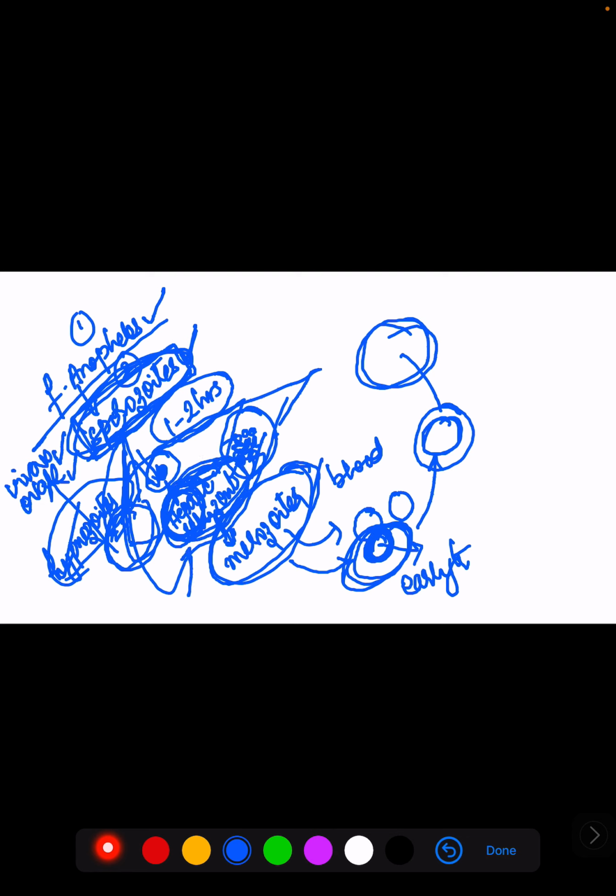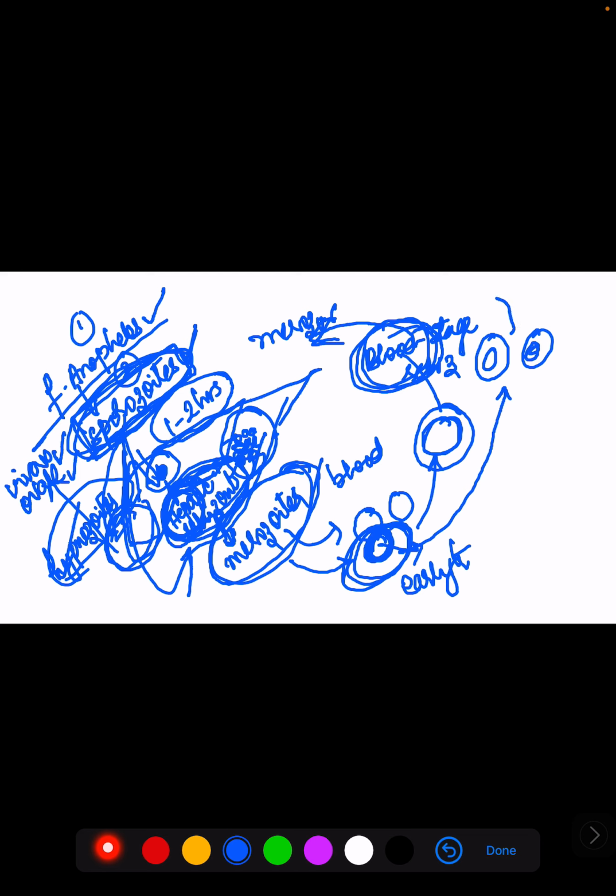Even in the red blood cells, a blood stage schizont will form, and this blood stage schizont ruptures again.